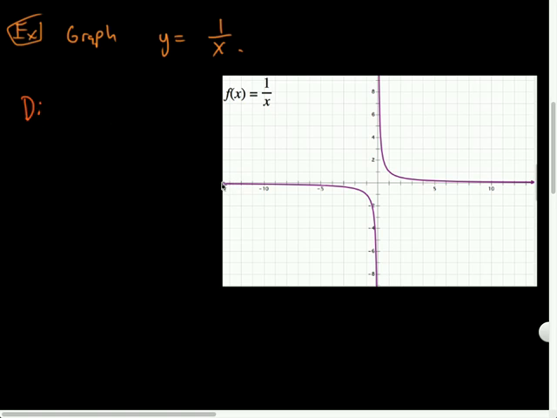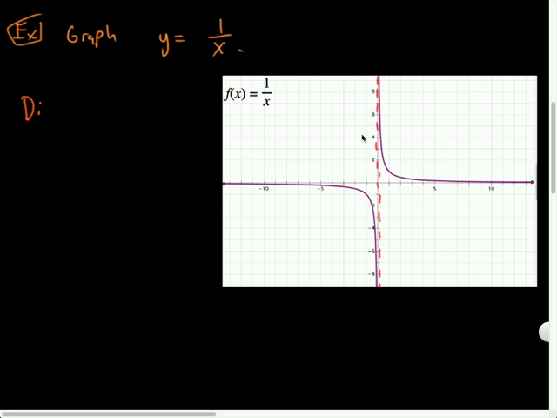Now, it appears as though this goes all the way to negative infinity, which it does, and all the way to positive infinity, which is fine. But it turns out it actually doesn't exist at a very particular spot. It doesn't exist at the point 0 when I plug in 0 for x.